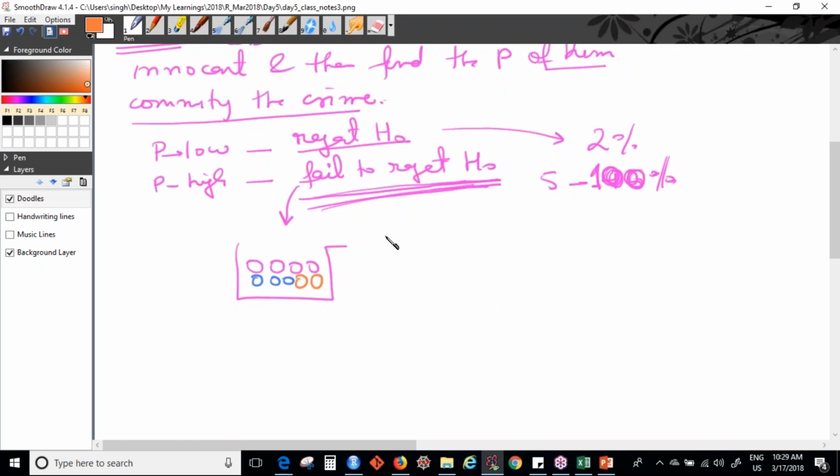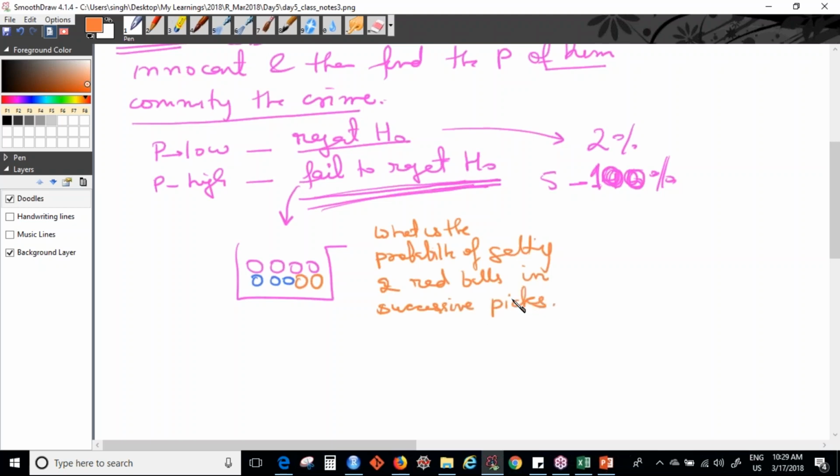Let's say, what is the probability of getting 2 red balls in successive picks?